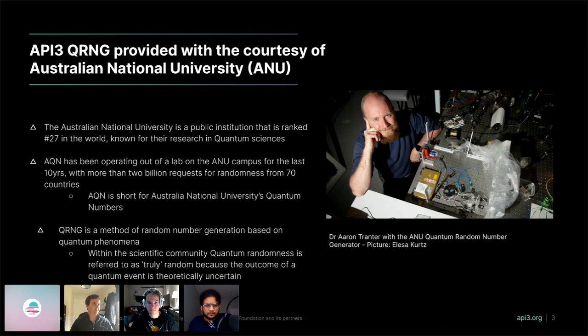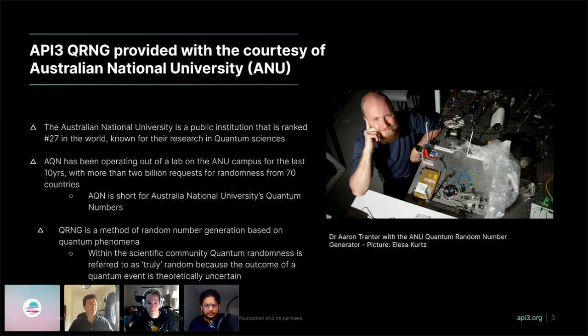The quantum aspect of the randomness is basically, you can see Dr. Aaron Trentler there. The team there used quantum theory to measure fluctuations within atoms as they clash in the laboratory, and then serve that through the API.